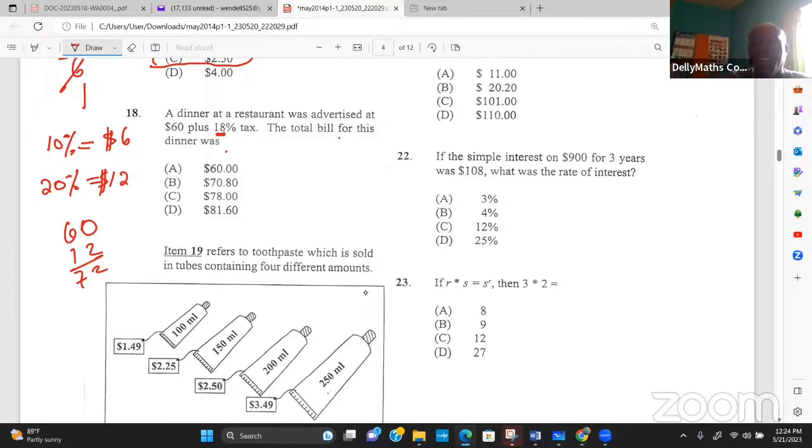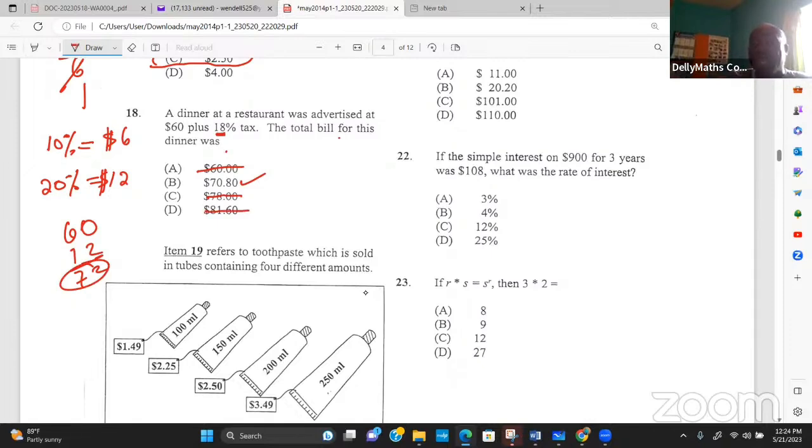Now I'm already seeing the answer because it has to be that. But you definitely know that it could not be 60. You definitely know that it could not be 78, because 20% will take you to $72 and it's less than 20. You definitely know that it cannot be 81.